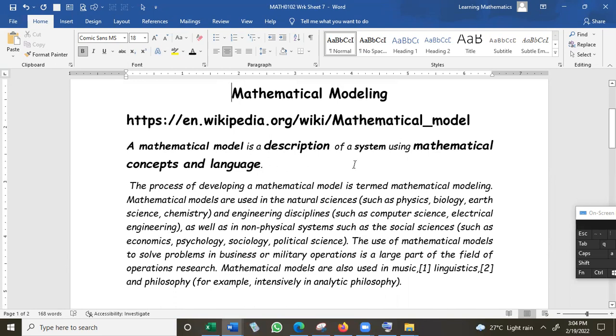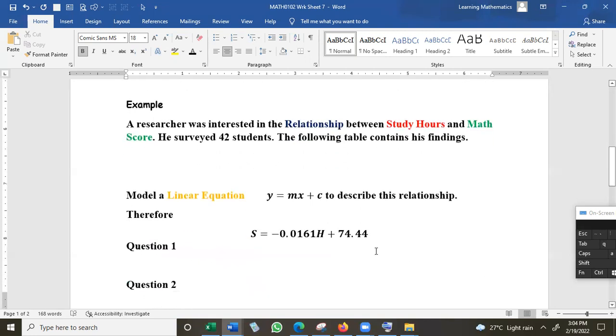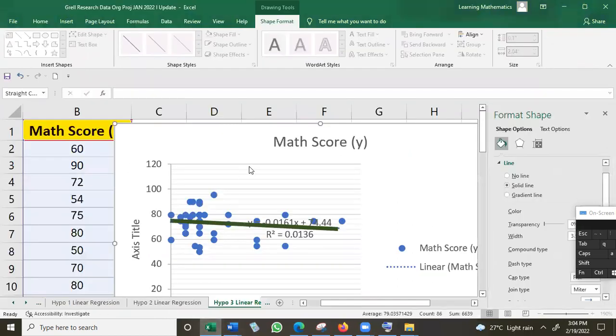So you have what you call mathematical language. Math can be considered a language, and a model is used to describe a system, okay? For example, a researcher wants to describe the relationship between study hours and math score. That's a real event. So he can survey 42 students and obtain the following values, okay?